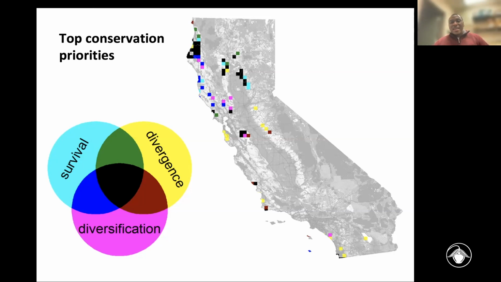And we can see, for example, that those areas include some relict untouched areas not far south of San Francisco.